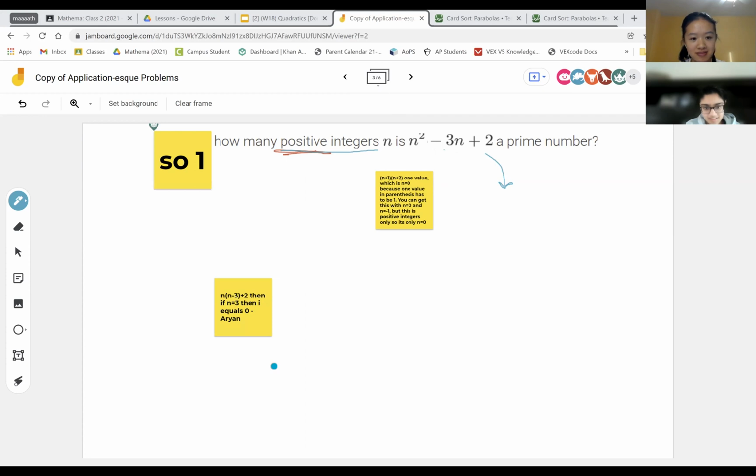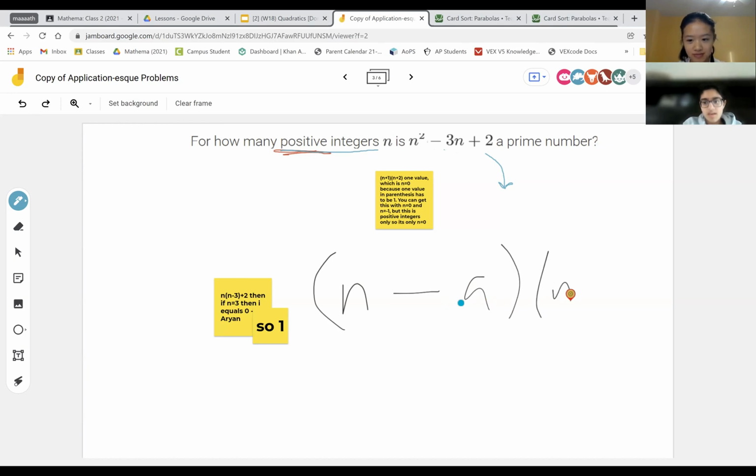Okay, well, I'll just solve it. So we want to factor n squared minus 3n plus 2. That would factor to n minus a times n minus b, right? So a times b is going to be equal to 2.